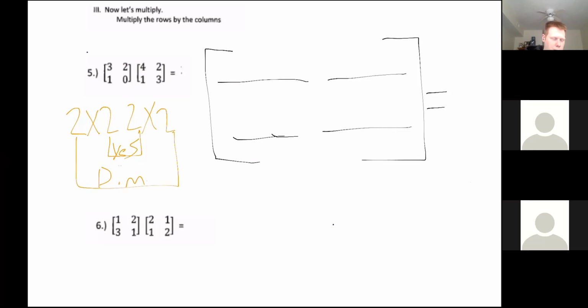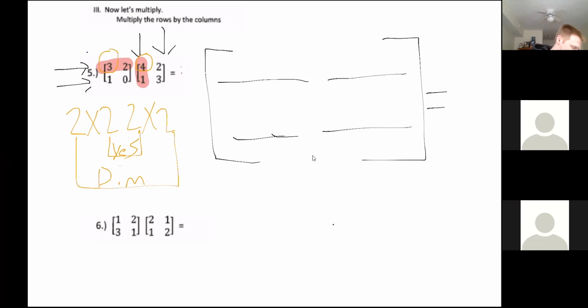So here's how we do this. One thing to keep in mind is we always look at the rows for the first matrix and we look at the columns for the second matrix. So we start with the first row and we start with the first column. The first thing we do is we take the first number in the first row and the first number in the first column.